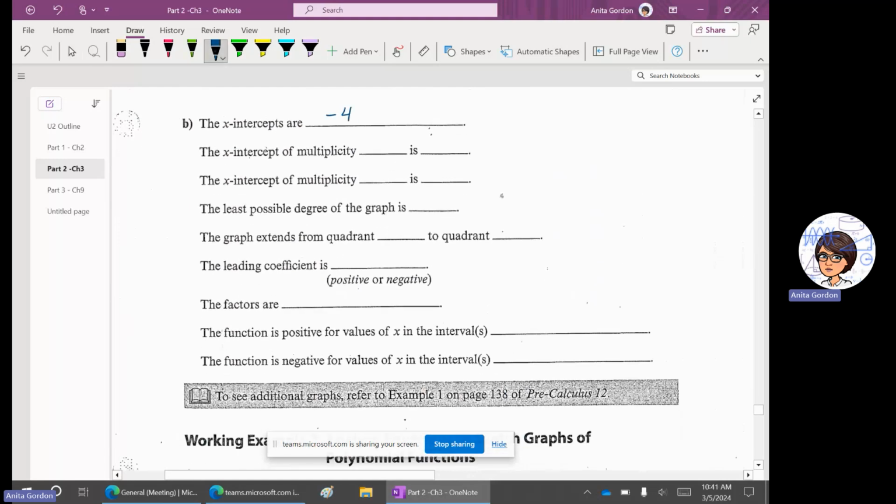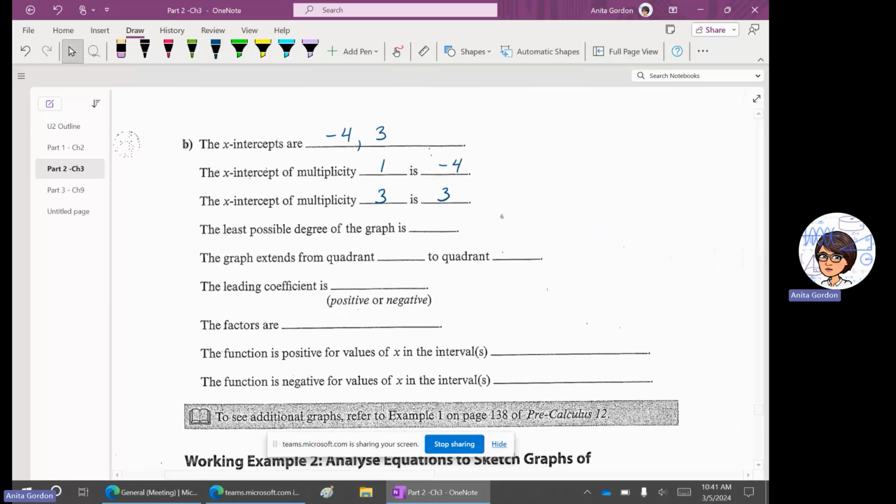X-intercepts are at -4 and 3. The x-intercept with multiplicity of 1 is at -4. And the multiplicity of 3 is at 3.